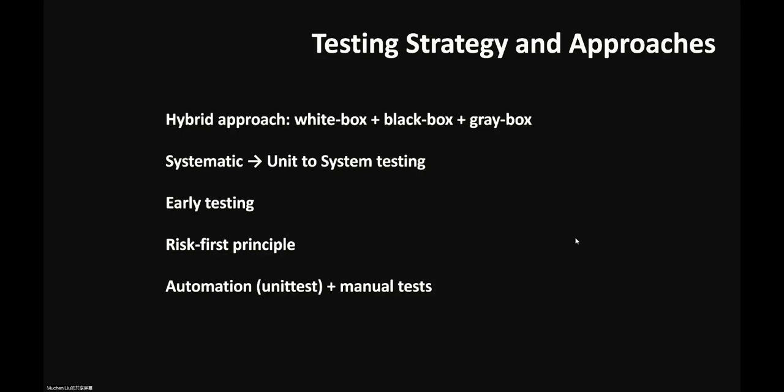We also tested installation on Windows to make sure users can set it up easily. For gray box testing, we focus on how different components interact, like in test_http.py, which checked HTTP response handling.